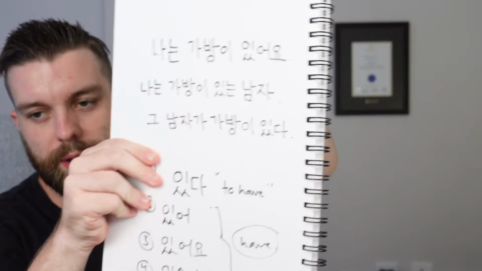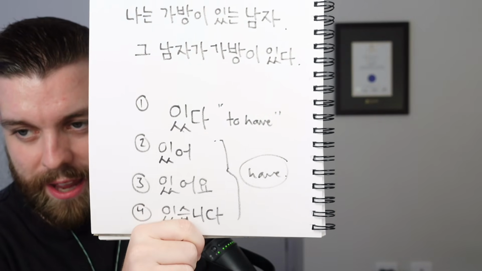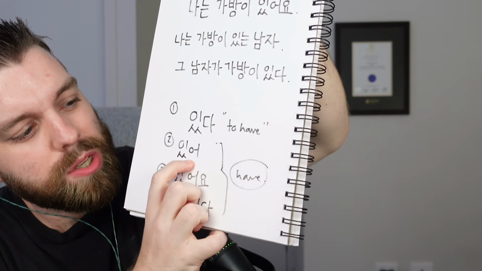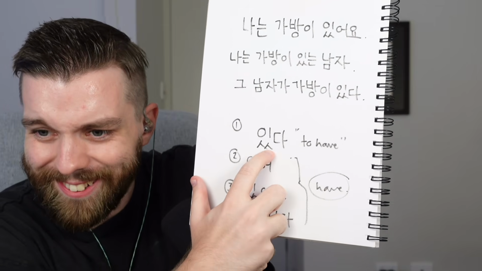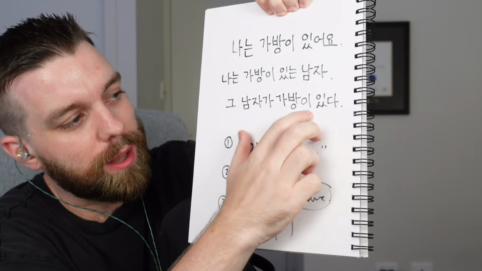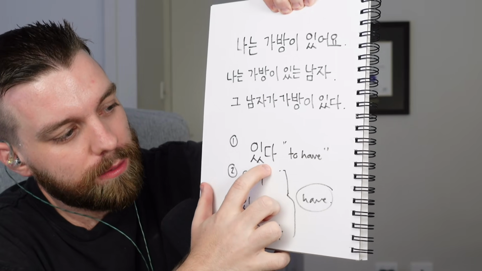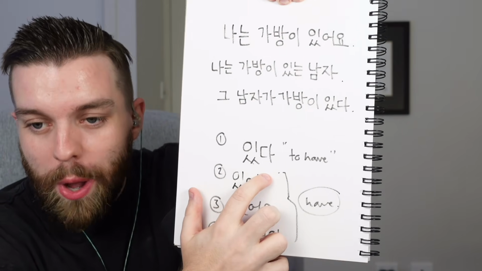These are just basic. Then you got 있어요. All of these mean have. So there's different levels to it, right? You've got itta, to have. Two, isso. But isso is kind of informal. So if this is informal, then one is super informal. There's an exception to that, but itta is the most basic way of saying to have.